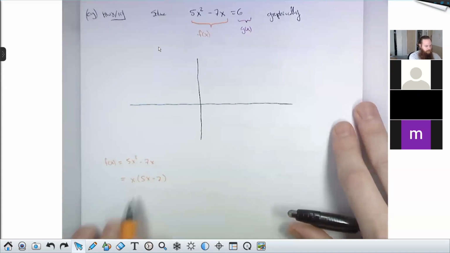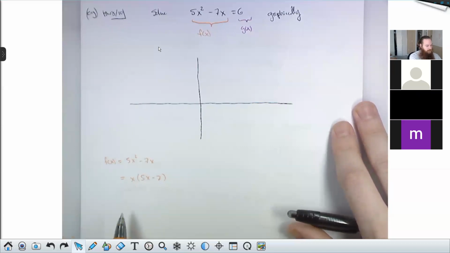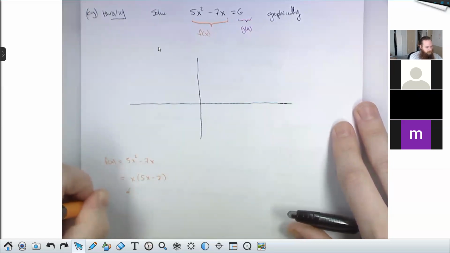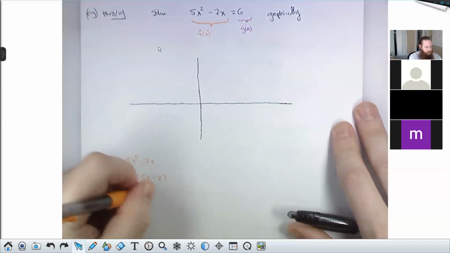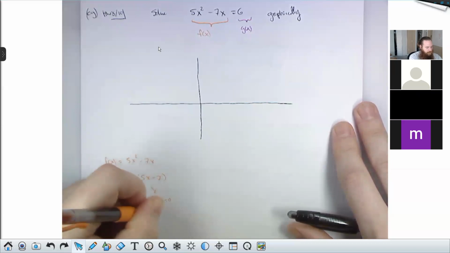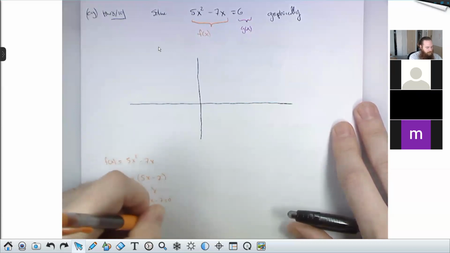This tells me that the orange-yellow function here is going to have two x-intercepts. One of them is at 0, and the other one coming from this factor is going to be, well, if I set 5x minus 7 equal to 0, I get 5x equals 7, so x is 7/5.